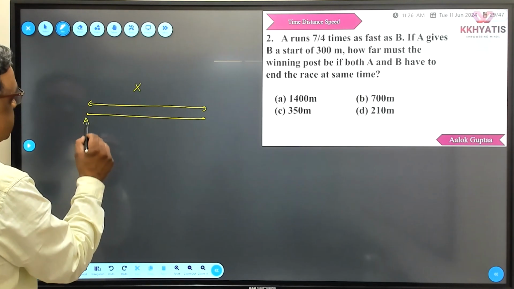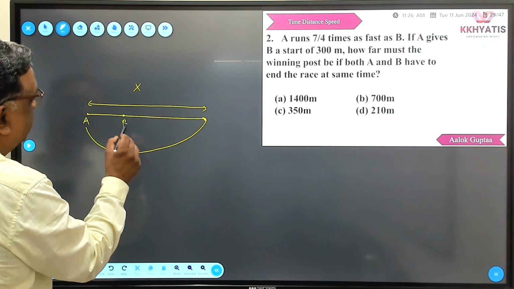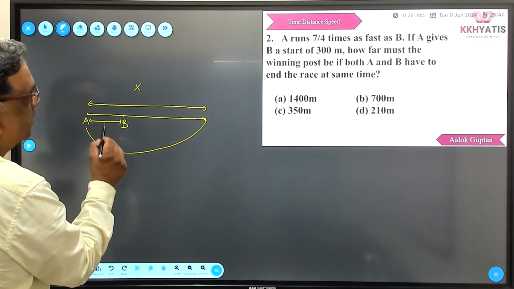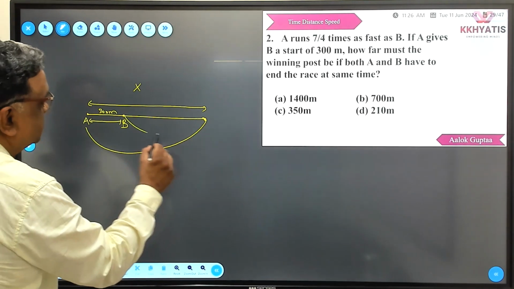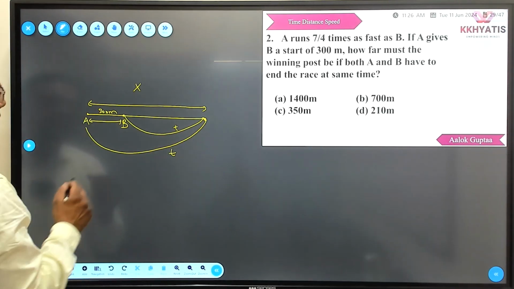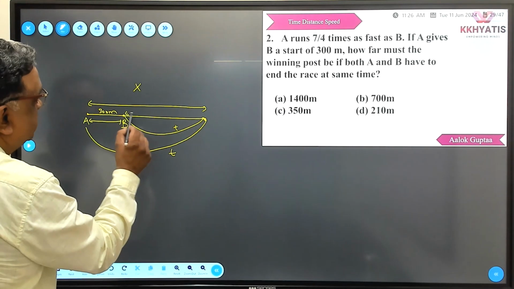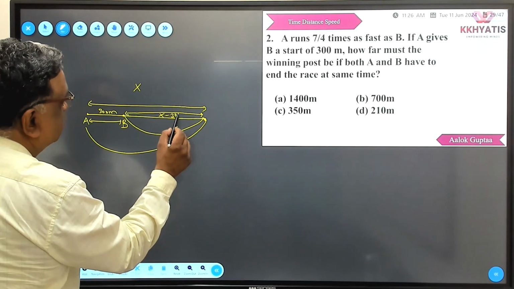So A starts and reaches here. B had an advantage of 300 meters. He also reaches in time, let us say t. So B covers distance x minus 300.